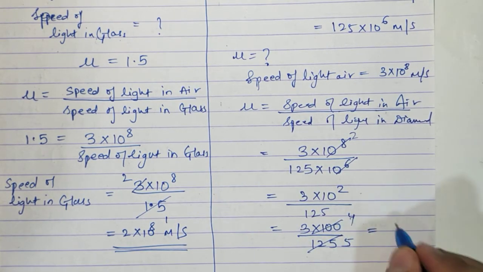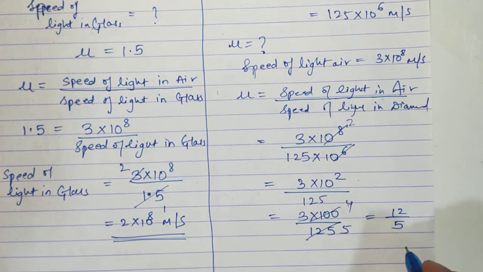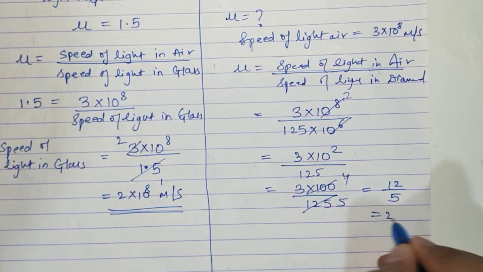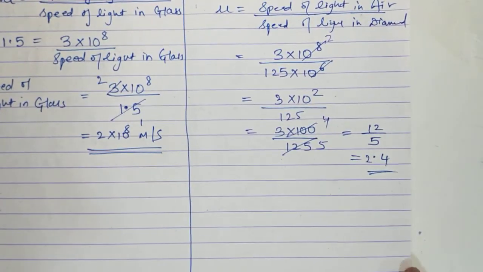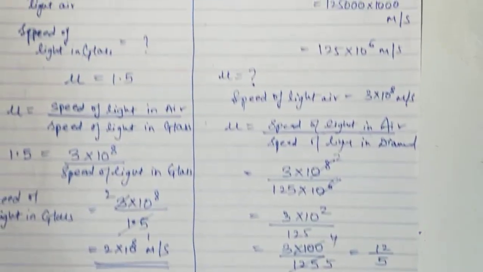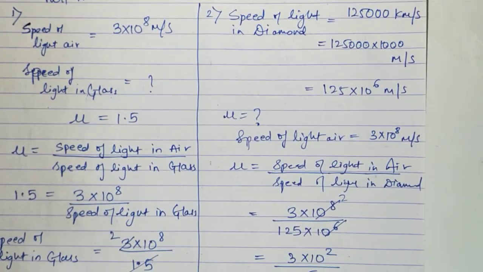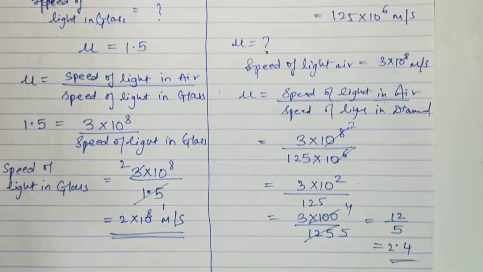So 4 threes are 12, 12 upon 5. 12 upon 5 is 2.4. So your answer for refractive index is 2.4. Okay. You have to write the given, all the values and the formula.